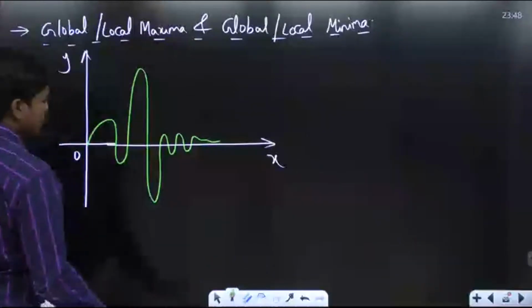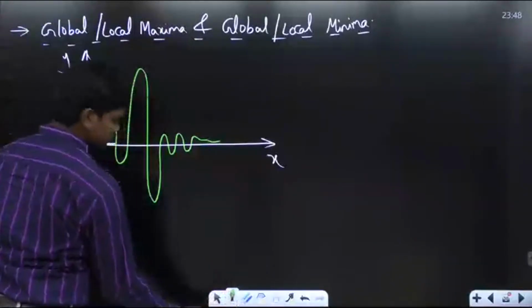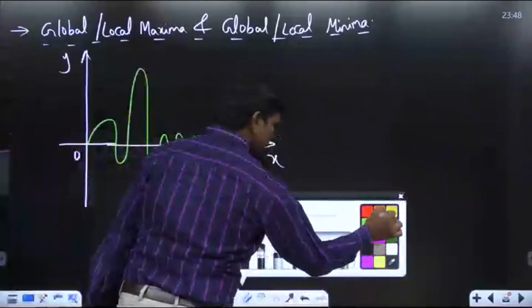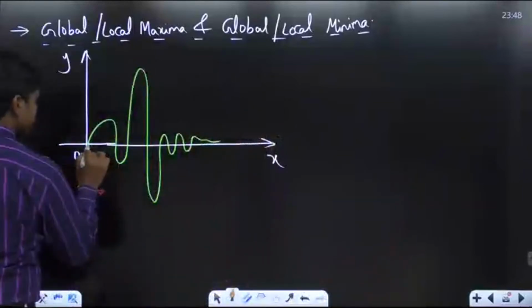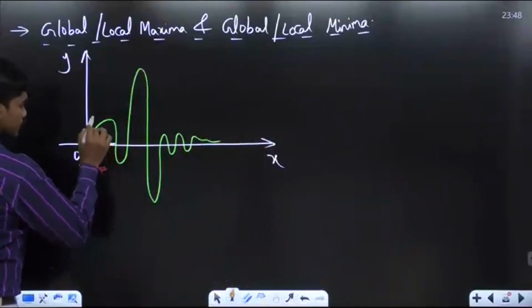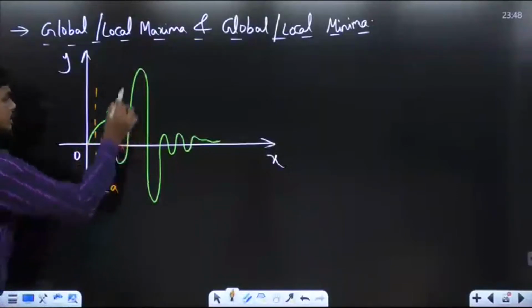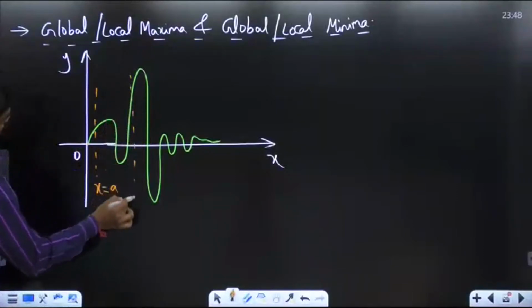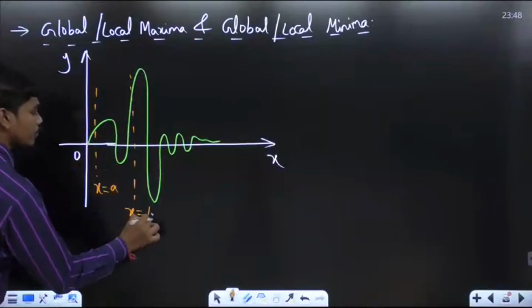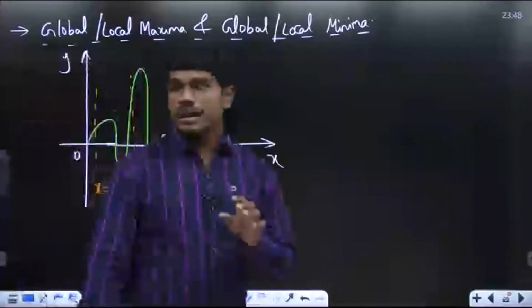Now, let us suppose this is the interval, or this is the value of x equal to a and this is the value x equal to b. Now, tell me the difference.